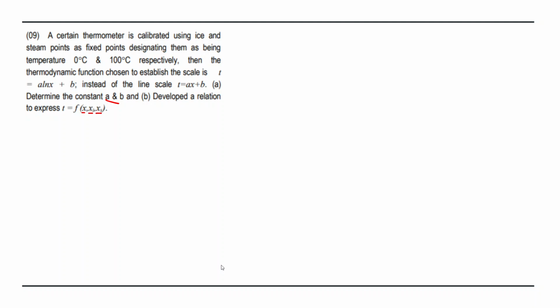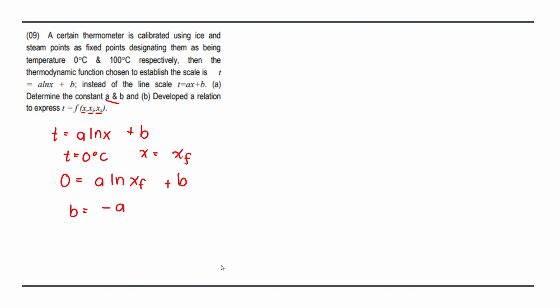Okay? So, alam natin na ang temperature ay A ln x plus B. Okay? Sa 0 degrees Celsius, malamang ang x natin ay x freezing point. Okay? So, 0 is equivalent to A ln xf plus B. So, B, we can write it as negative A ln xf.